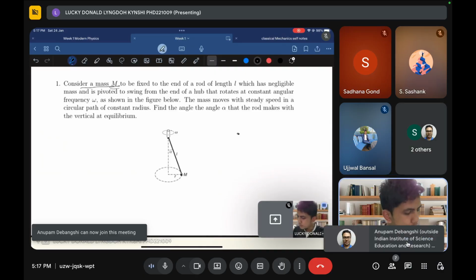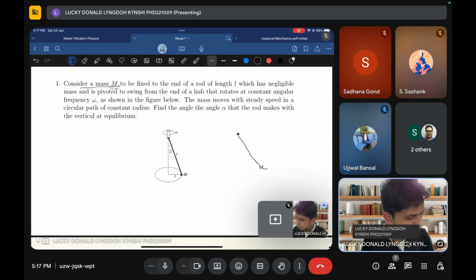You are connecting a mass m to one end, and this one end of the rod is rotated with an angular frequency omega. This is m. Now this makes an angle alpha, and this is of length L.